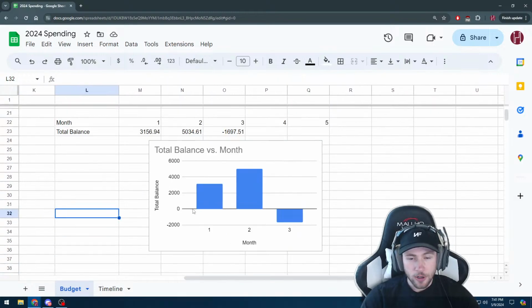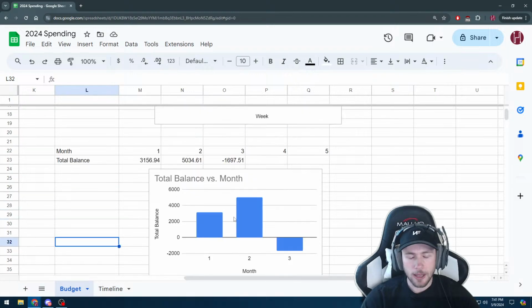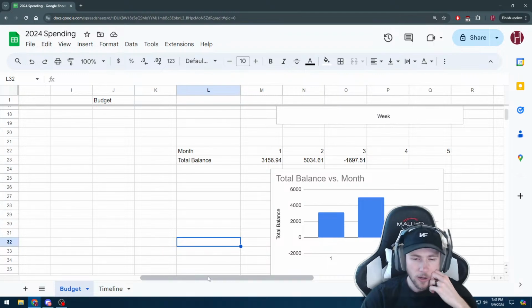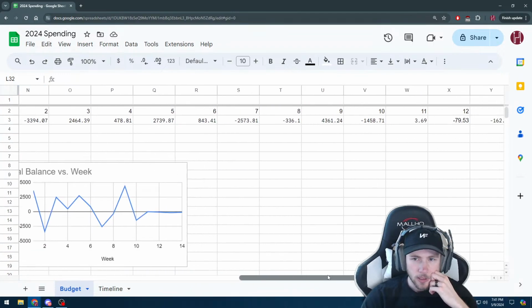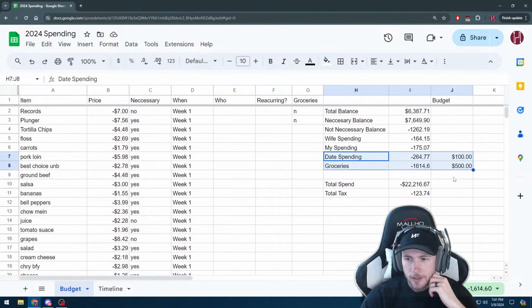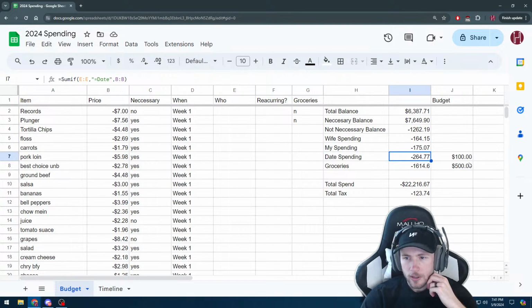A chart that just shows spending each month might be nice. You can see how much you spend each month and compare each month to each other, which is kind of what this is doing. But since income is somewhat variable, it's not perfect. So I'll try to get some of those other charts made so we can see what's going on a little better. But the ones that we have been tracking the closest are groceries and date spending, which we might have gone over on this one for that month.